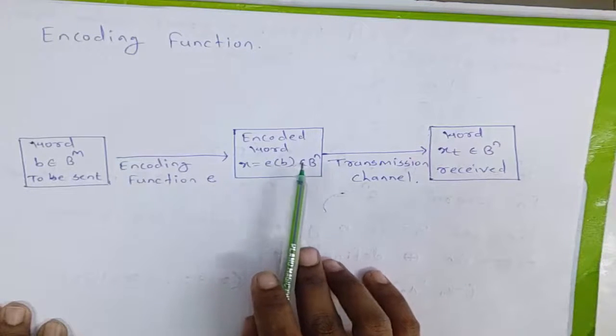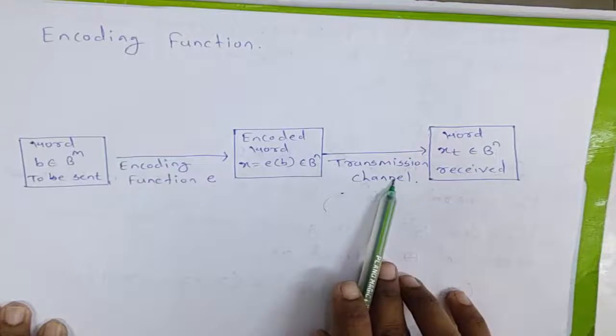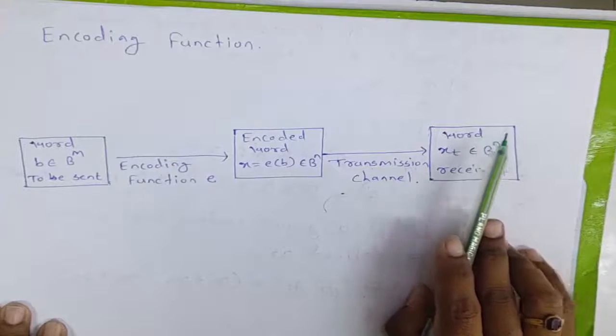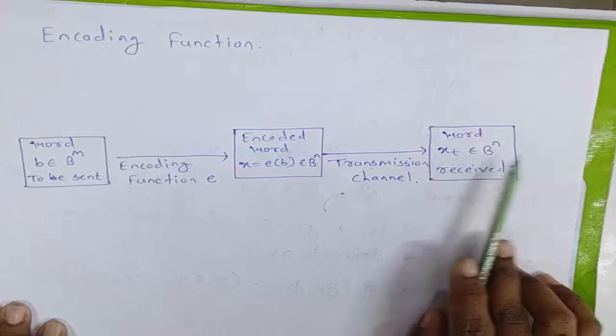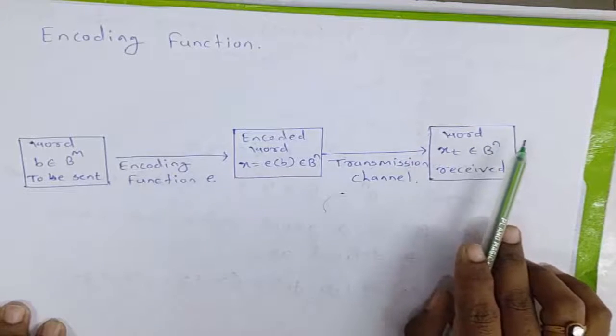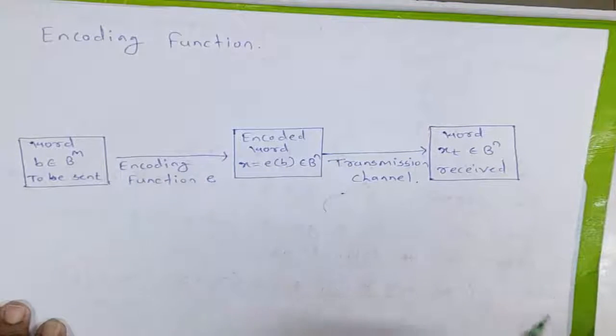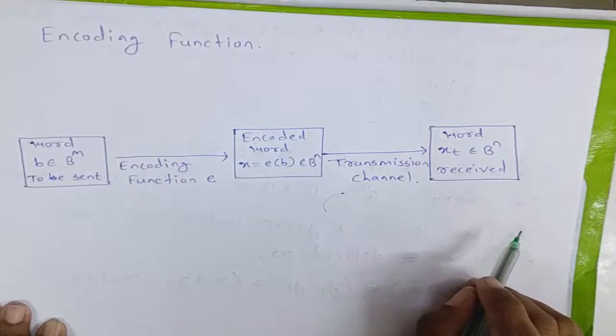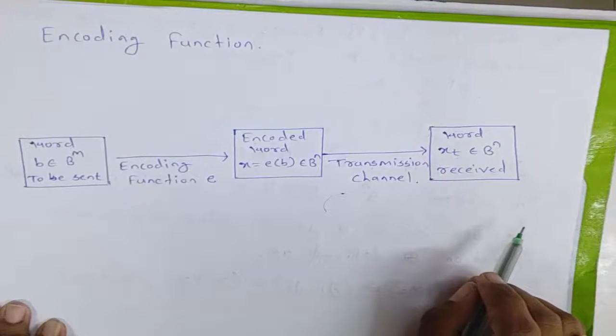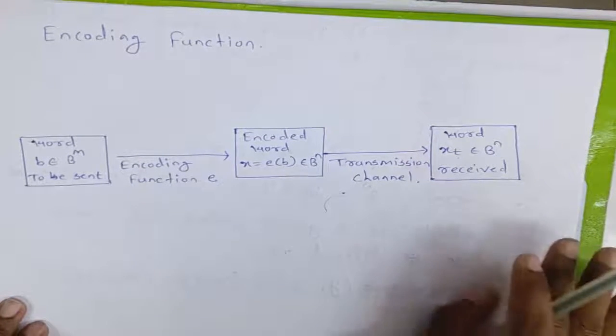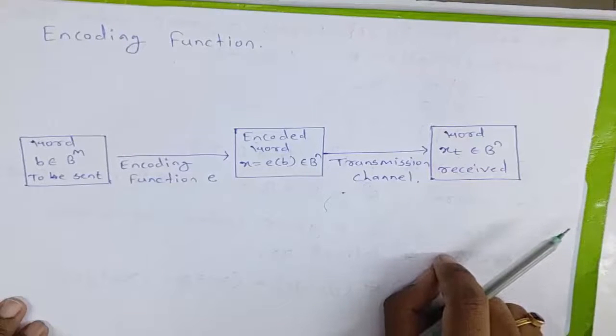After it is transmitted through the transmission channel, we get the received word xt belongs to B raised to n. Okay, so this is the figure of the encoding function. All of you get it? Okay, so today we stop here. Thank you.